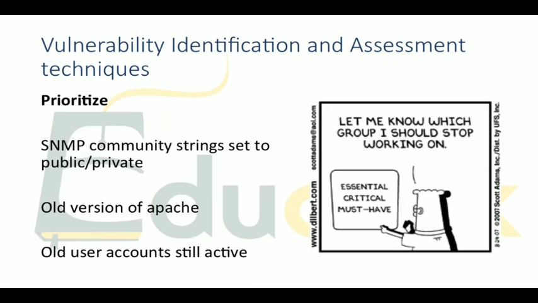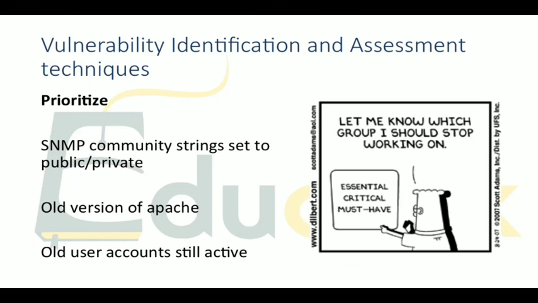So, prioritizing. This is definitely an automated task. However, it's always good to see for yourself if something is going to be worthy of an immediate fix. For instance, a common one is the SNMP community strings on a server have been left the standard public/private.